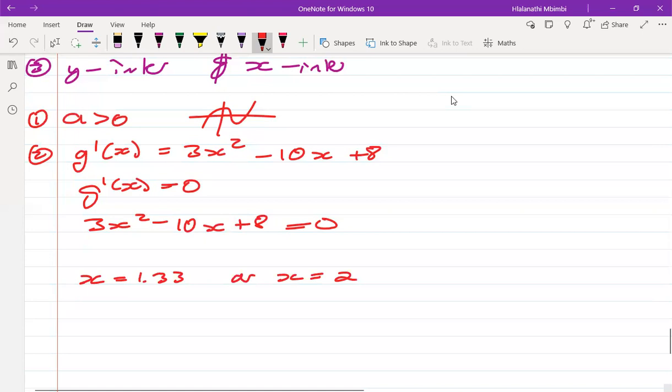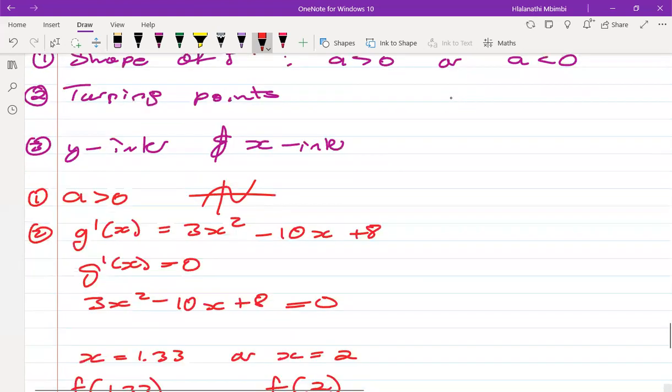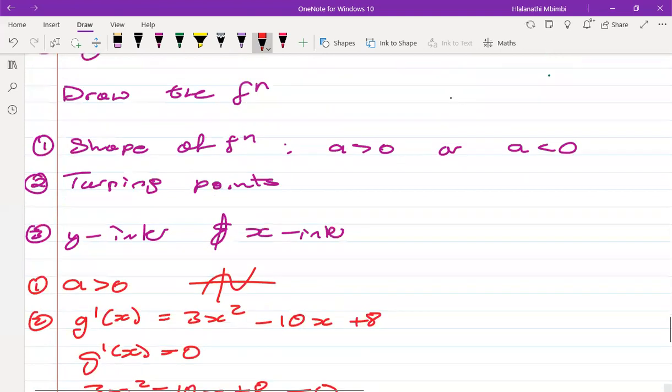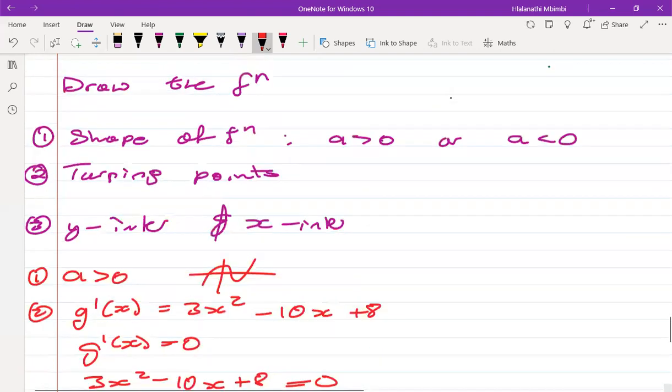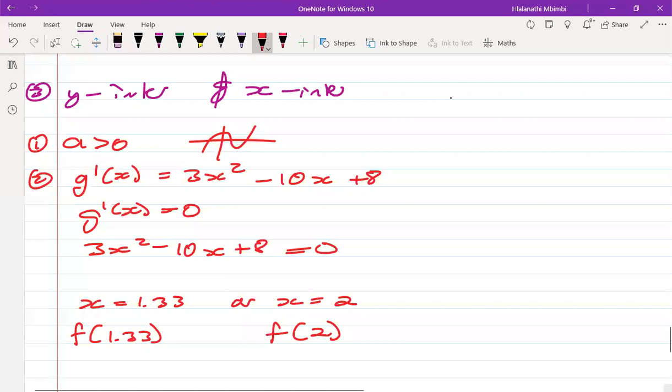So can I say, find f of 1.33, and can Ayabukwa find f of 2? That's when you substitute back into that equation and you find the f value. And please note, I'm not substituting back into the gradient, I'm substituting into the actual function.